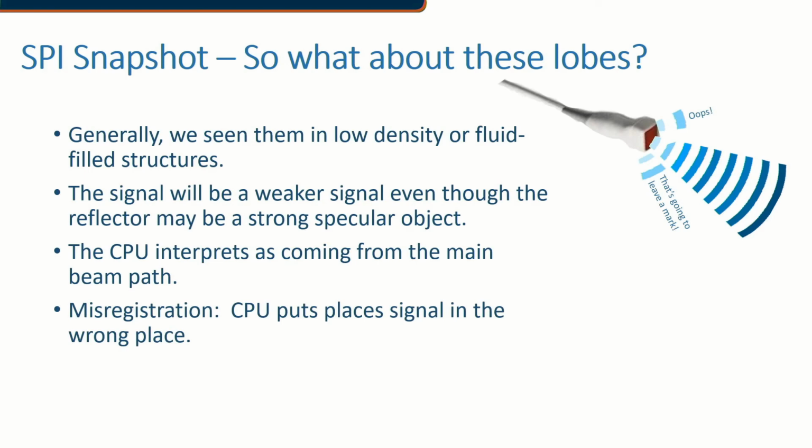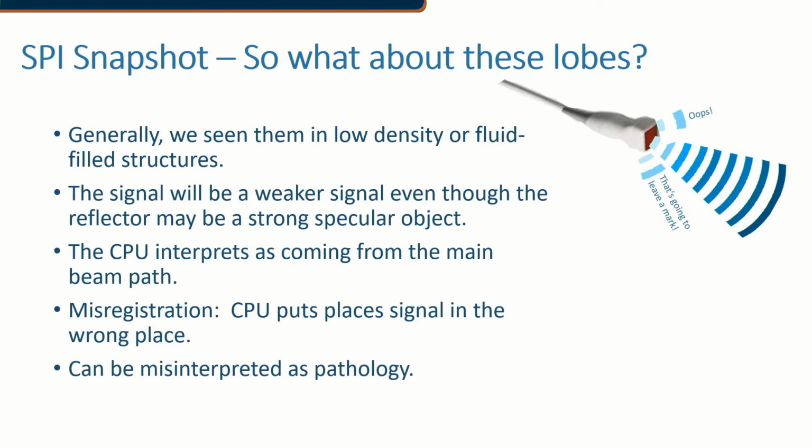And so that stronger reflector that is coming back to the probe by this side lobe makes this line right in the middle of our water structure. So this can be misinterpreted as pathology.